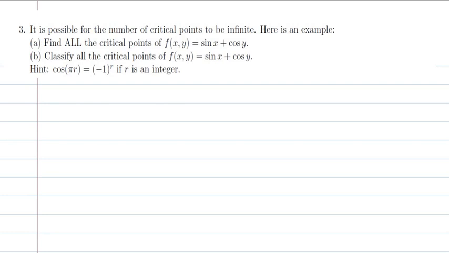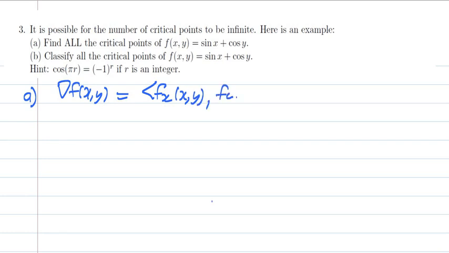So how do we find critical points? We need grad f. Since it's a function of two variables, grad f will be the vector where the first component is f partial x and the second component is f partial y. In this case, f partial x turns out to be cos x, and f partial y turns out to be minus sine y.